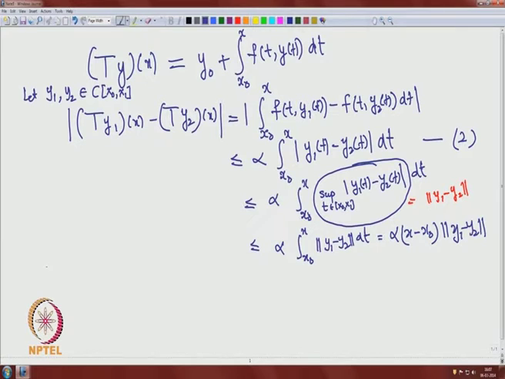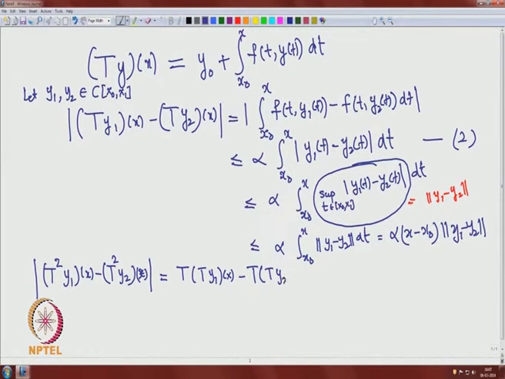So, T square y1 of x minus T square y2 of x, which is nothing but the composition of T with T 2 times. So, this is T of T y1 of x minus T of T y2 of x.